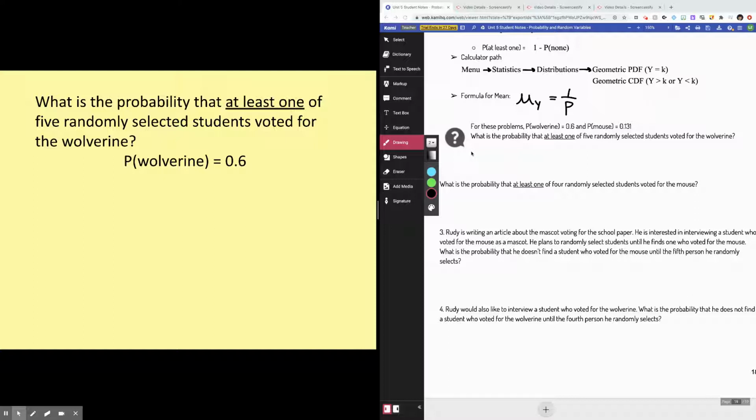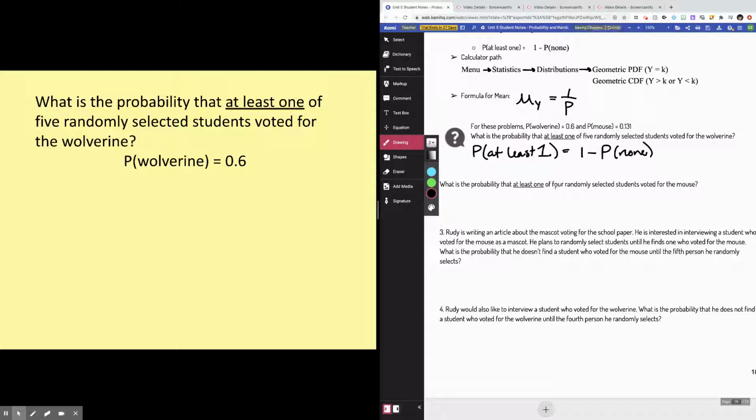Rather than finding the probability of y equals 1 plus y equals 2 plus y equals 3 plus y equals 4 plus y equals 5, that's so many, right? It's much easier to say the probability of at least one equals 1 minus the probability of none.